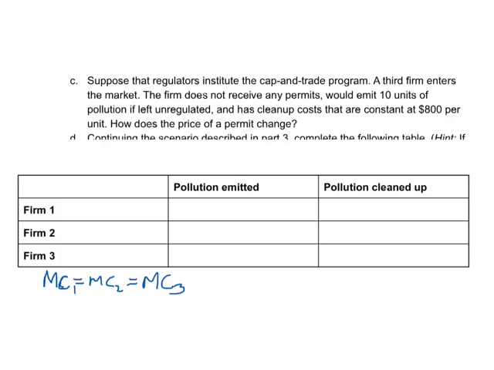And also, MC3 is just constant at 800. And then finally, we know that Q1 plus Q2 plus Q3 have to sum to 30.